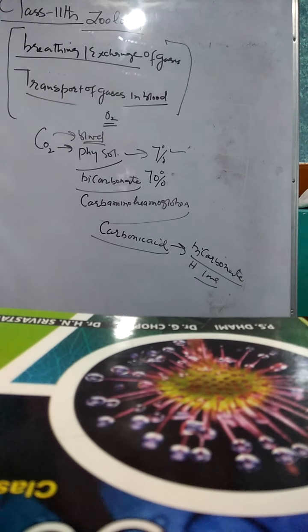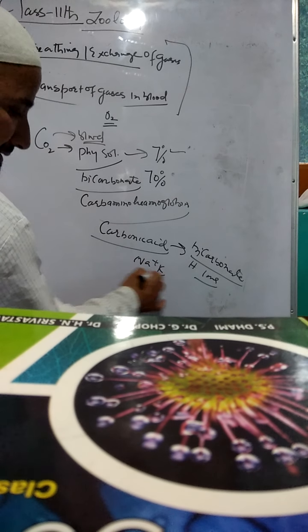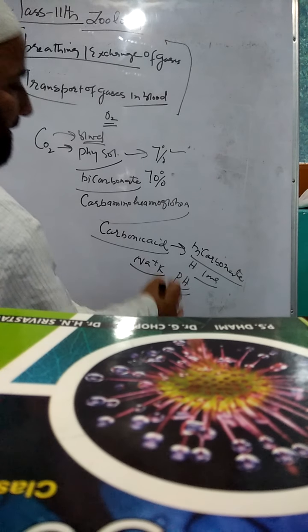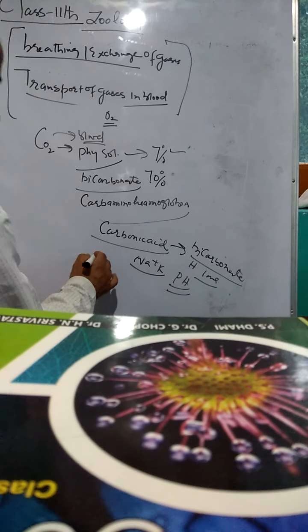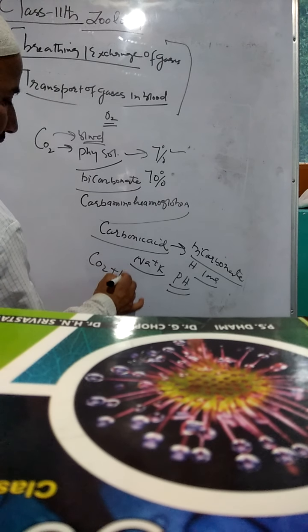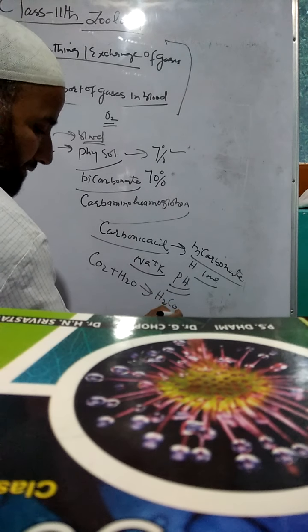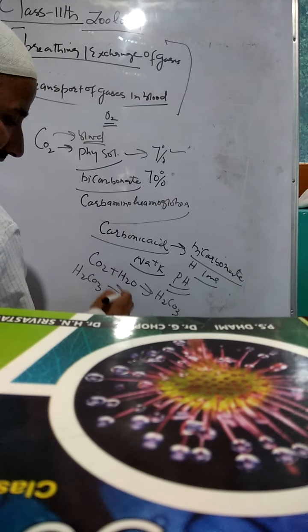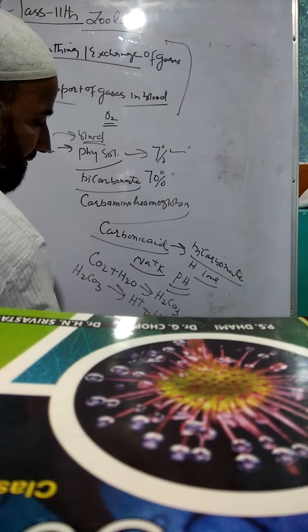Hydrogen ions are picked up by the proteins and bicarbonate ions are joined by bases, sodium and potassium, to maintain the pH of the blood. Carbon dioxide combining with water forms H2CO3, carbonic acid. H2CO3 later on dissociates into hydrogen ion and bicarbonate ion.